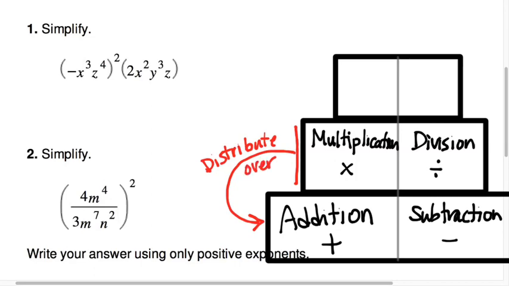And so there's a connection between these two layers. And one of the reasons that they distribute over addition and subtraction is that multiplication itself can be built out of addition as a repetition process, is repeated addition.